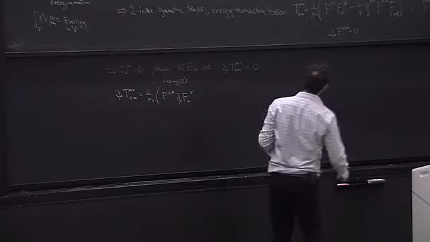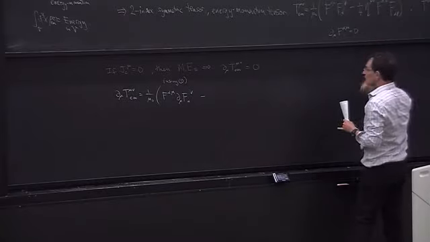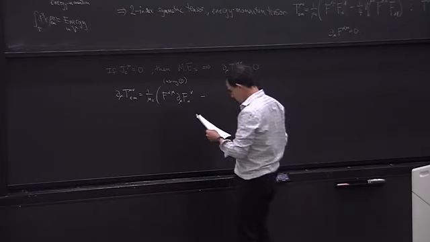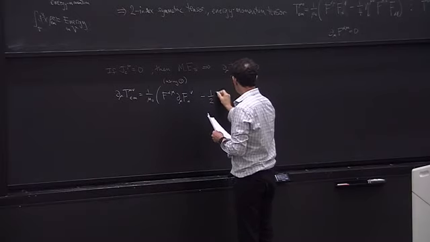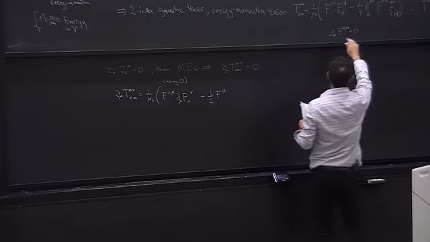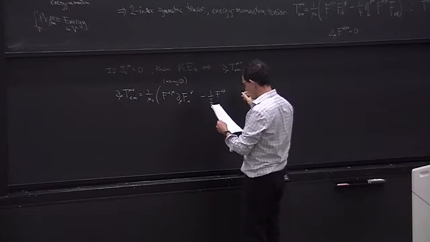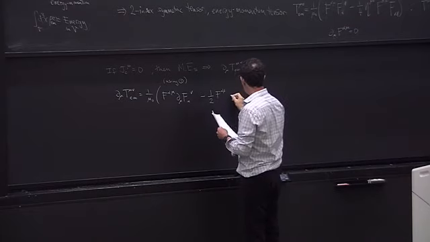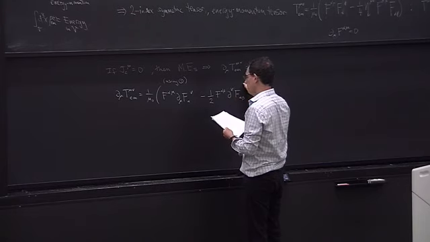What about the second term? Well, the second term includes something squared. So I'm going to get a factor of 2, and then F alpha beta. The eta will contract with my d mu to give a d nu, and so that will give a d nu F alpha beta.